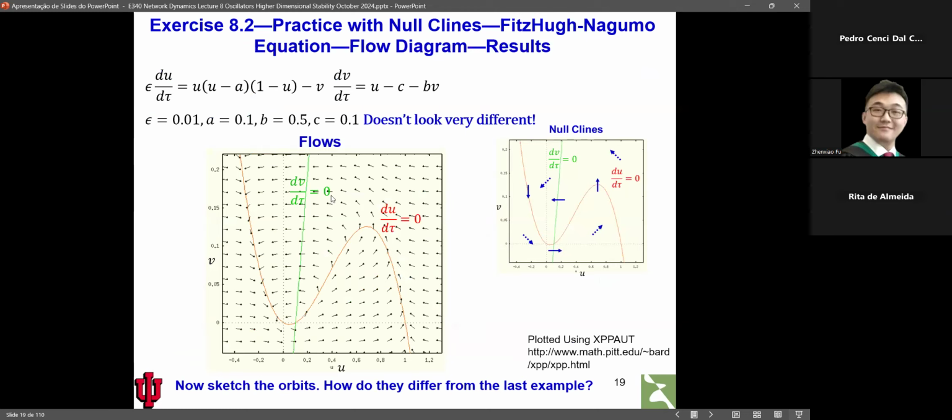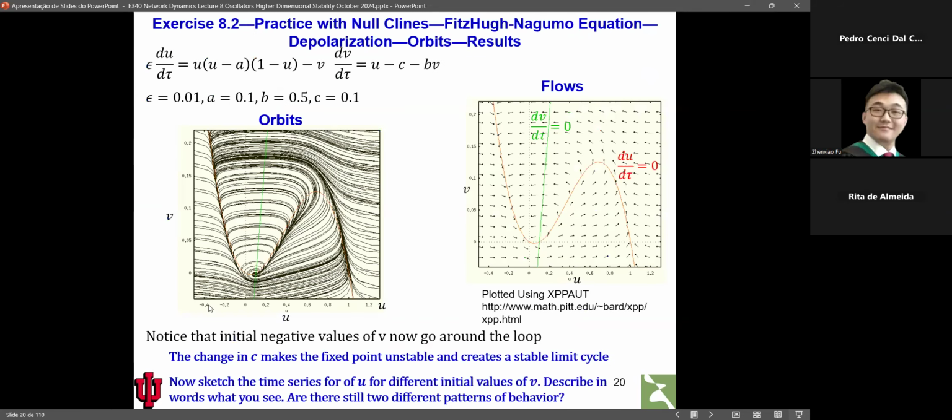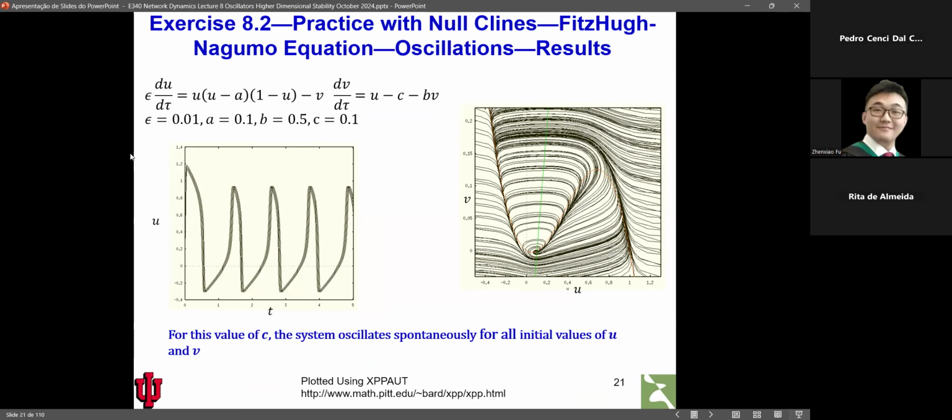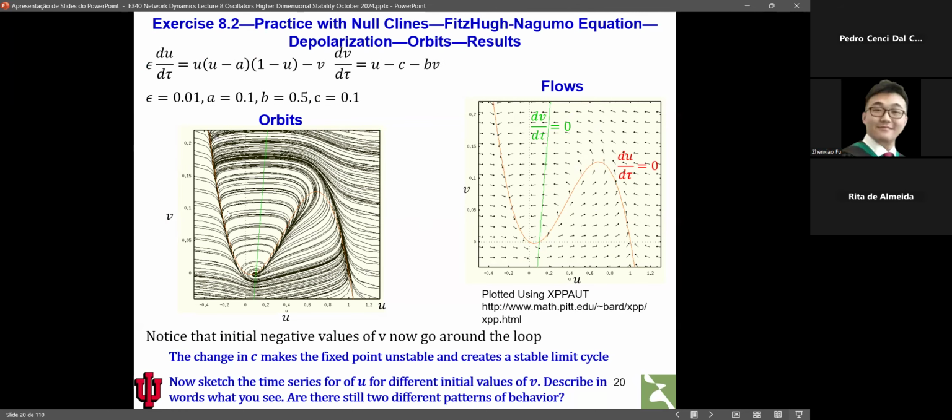Okay, if you use your script and do all the flows, you're going to have something like this. What happens is that if you start from here, for example, it will go here, and it will go there, and there, and there, and it won't, I'm sorry, it won't go back. You see, that line here is not ending in the fixed point. It's just circulating the fixed point.